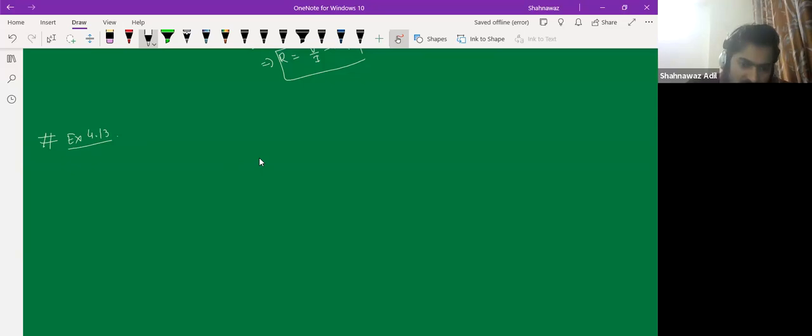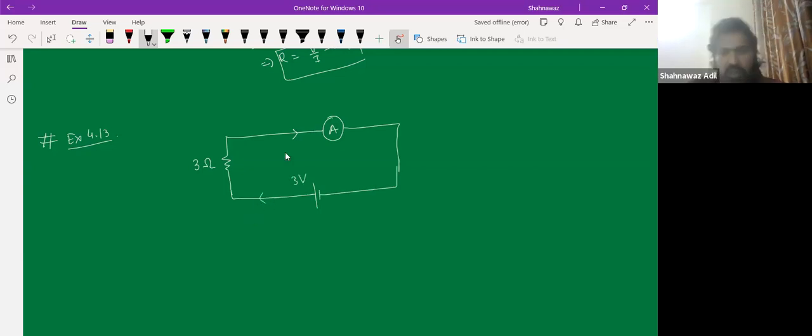The question is, and this is Example 4.13, they have an ammeter, and this is a 3 ohm resistance, connected with a 3 volt supply. So what is the ideal condition if you don't know about this ammeter?